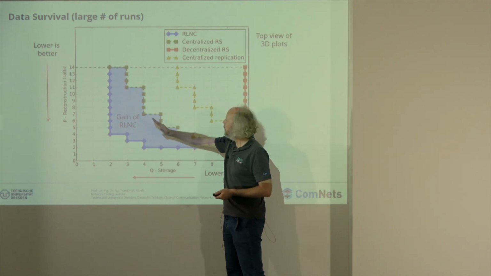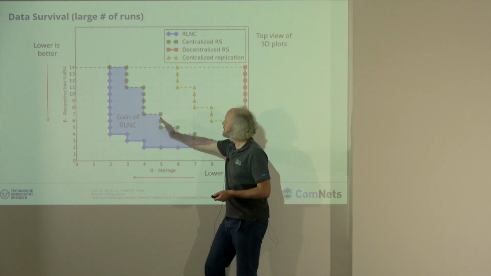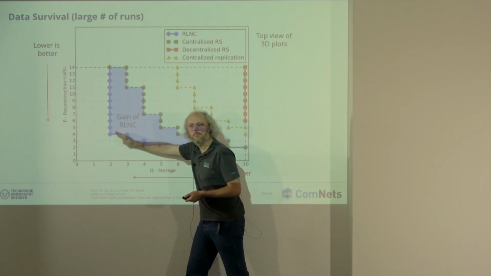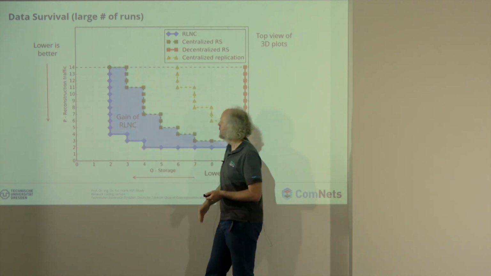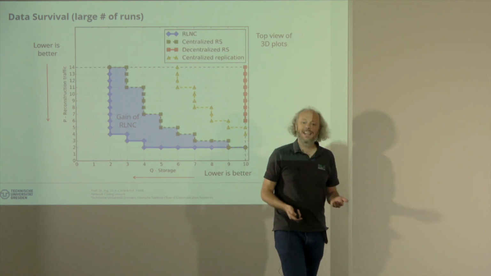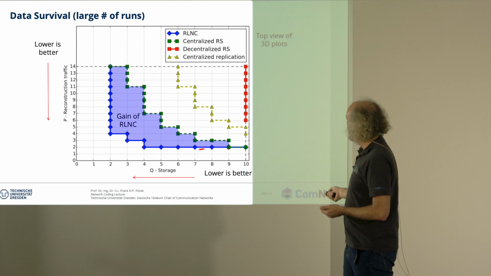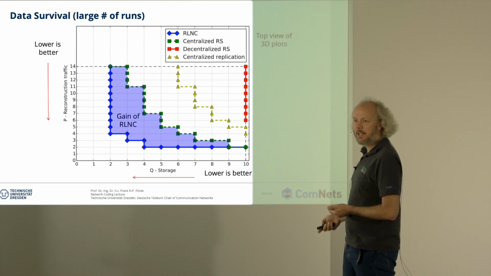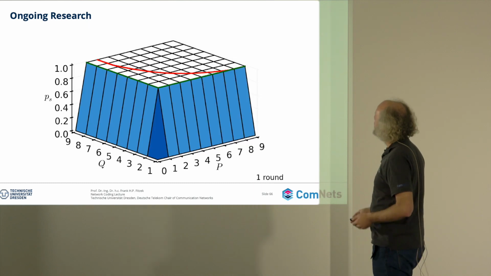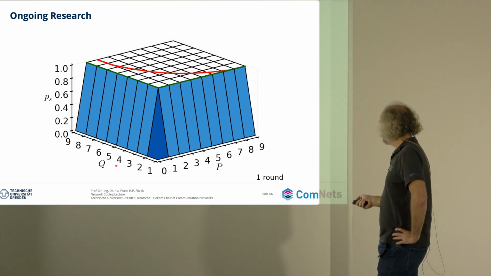So even with full information for the others, this is still an area where you gain. Okay? So you will gain either in storage or in traffic or in both, depending on which blue point you are selecting here.